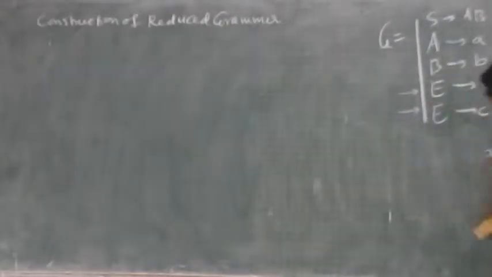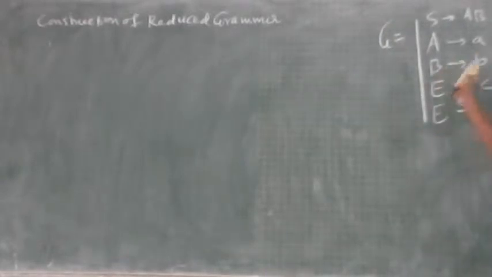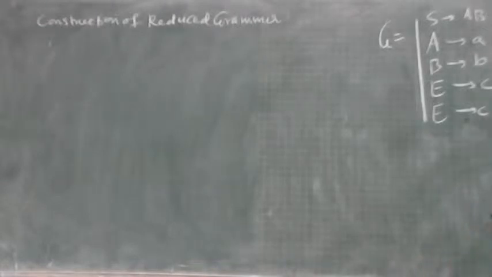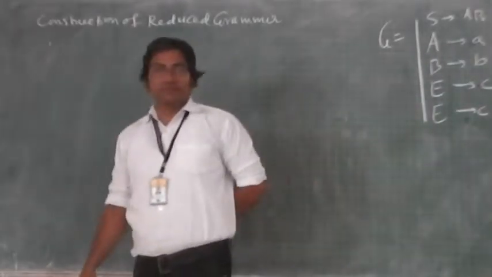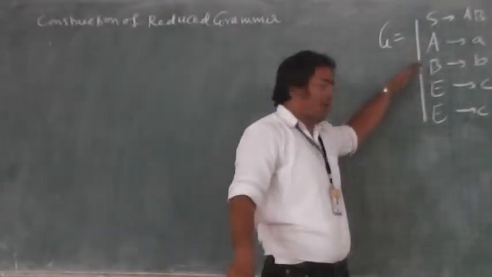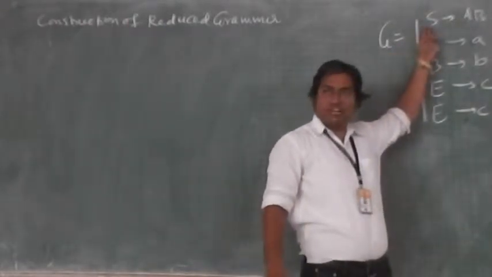First of all, we go for doing analysis over this grammar. How can I make a method to get a reduced form of this grammar G? Just look at this grammar and go on thinking. How could I get the reduced form of a grammar? I looked at this grammar and found this is the start symbol where I should start my derivation.